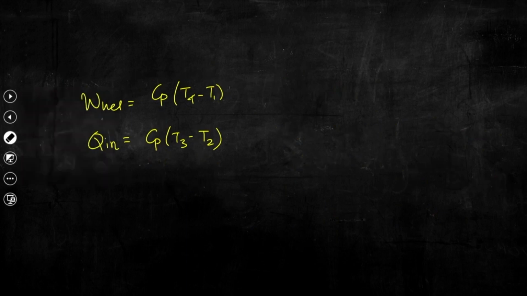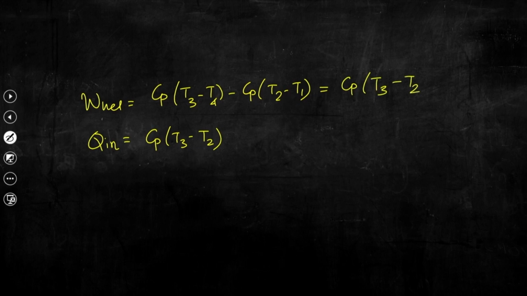If I write it in one step, then W net equals Cp into T3 minus T2 minus T4 plus T1. So, this is basically the W net.